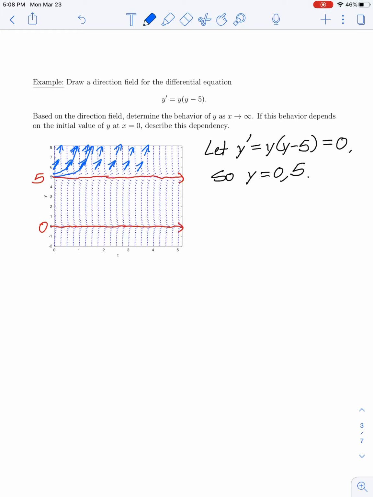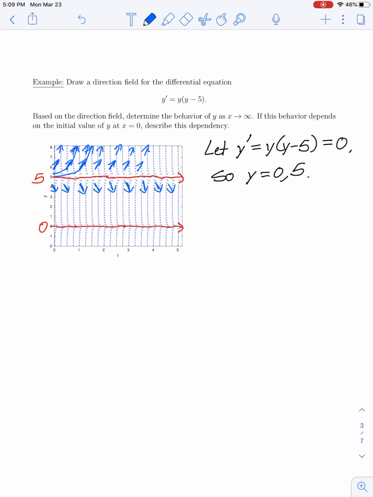Now, if we choose a value of y that's less than the equilibrium solution 5, let's say 4, we would have y prime is 4 times 4 minus 5, or negative 4. So we have these line segments with a slope of negative 4.